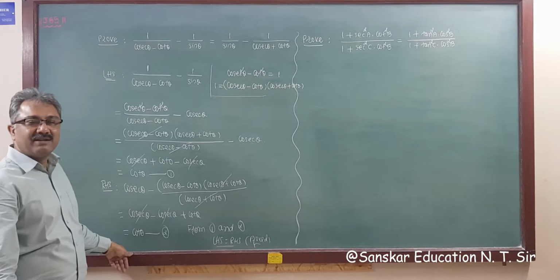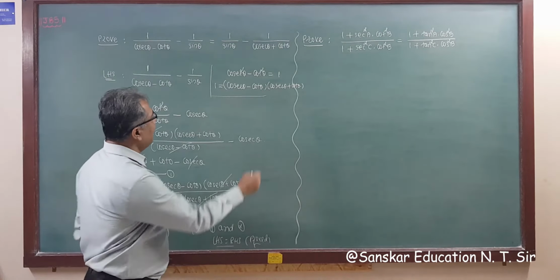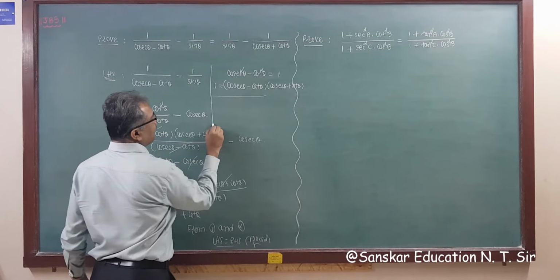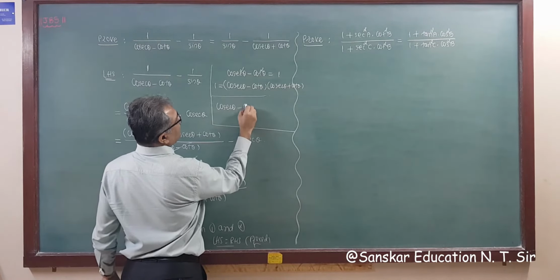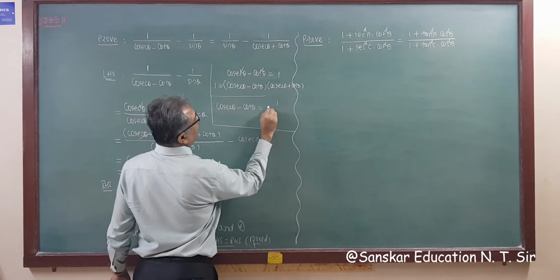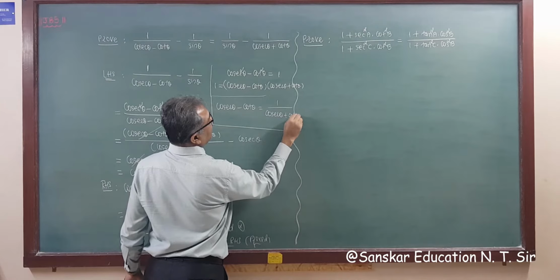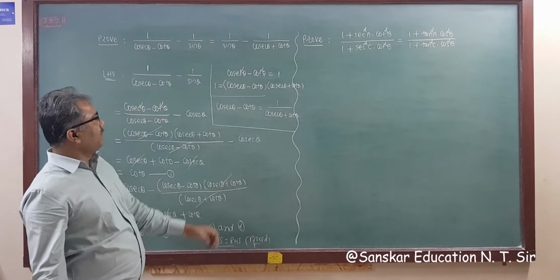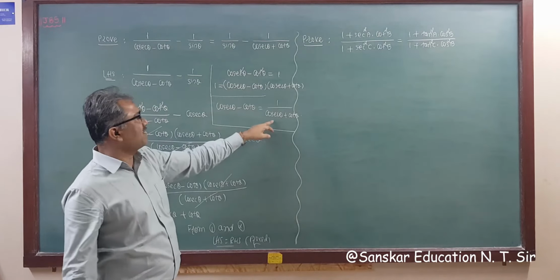The shortcut that I showed you, this is its application. See, I told you to remember this thing: cosec theta minus cot theta is equal to 1 upon cosec theta plus cot theta. Because if we take these two here, then cosec plus cot becomes 1 upon cosec minus cot.